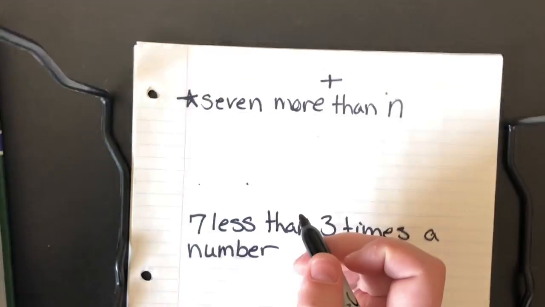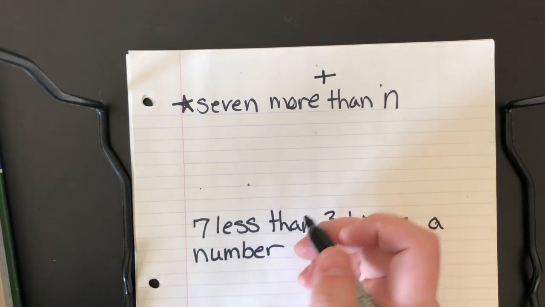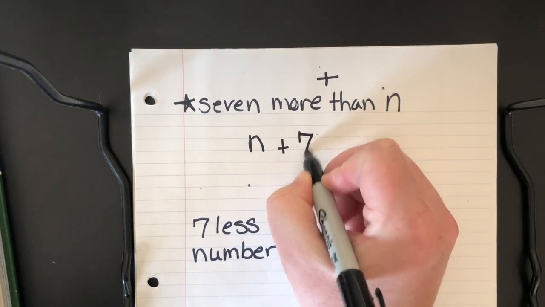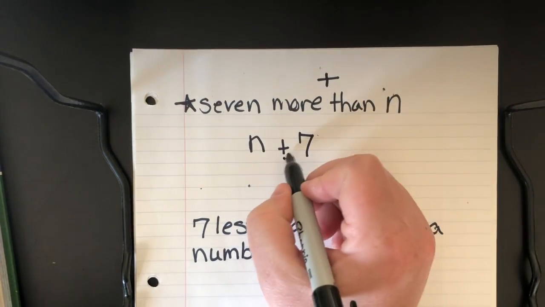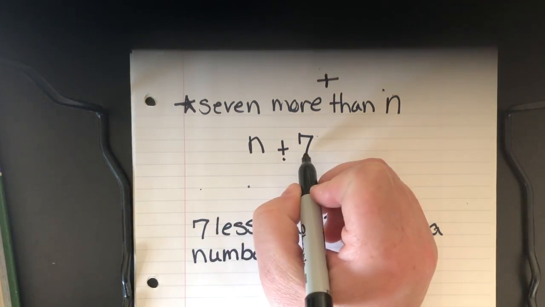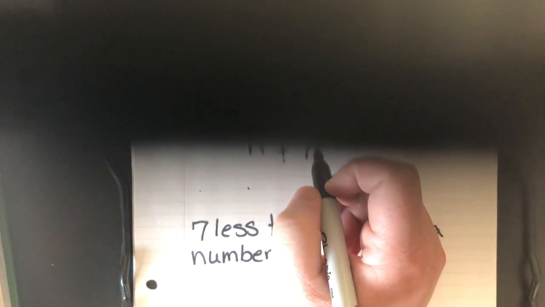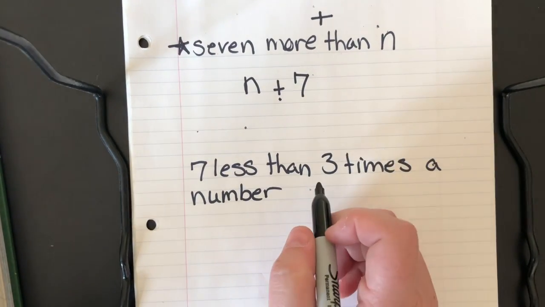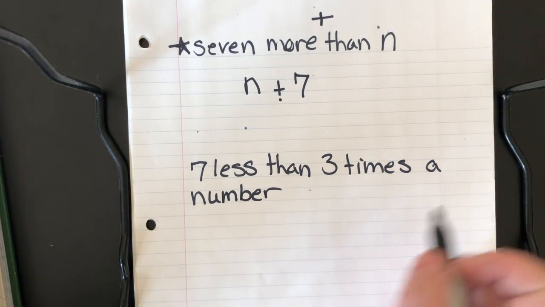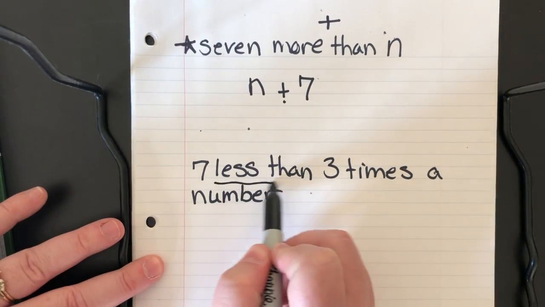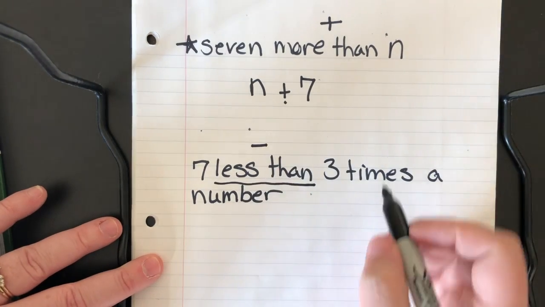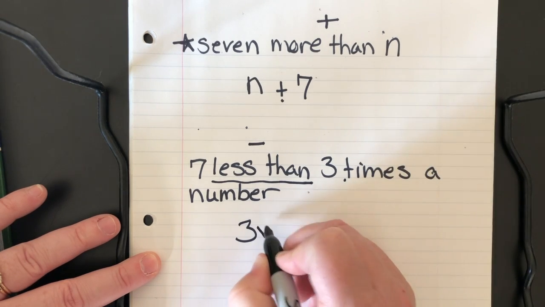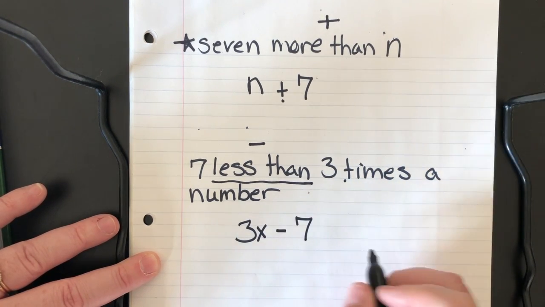So it's going to be n plus 7. Then down here, 7 less than 3 times a number. Less than means to subtract, and I have to do 3 times a number first. So 3x minus 7. That would be our answer.